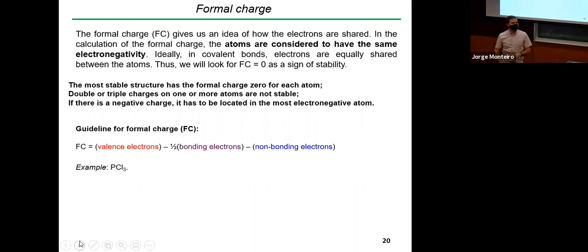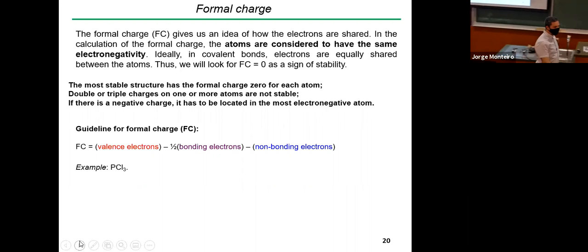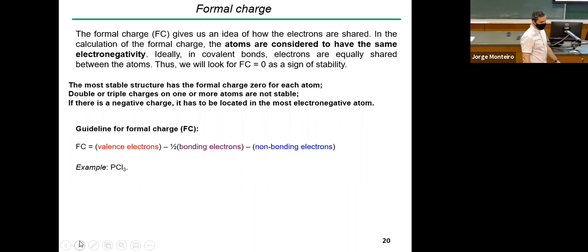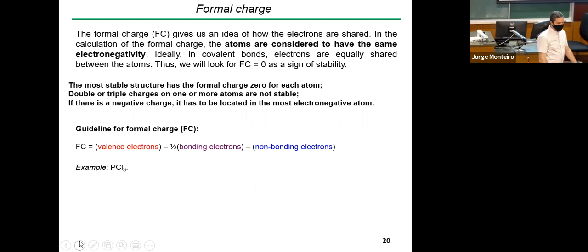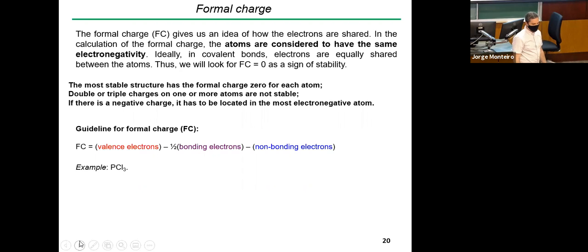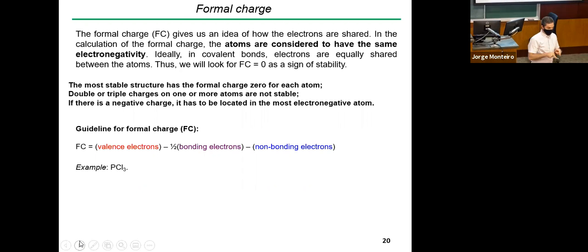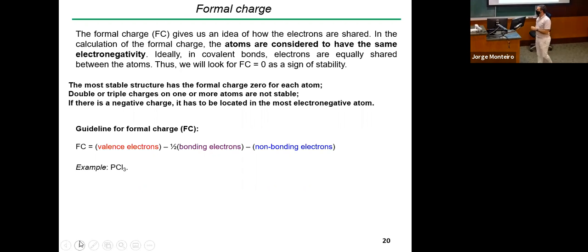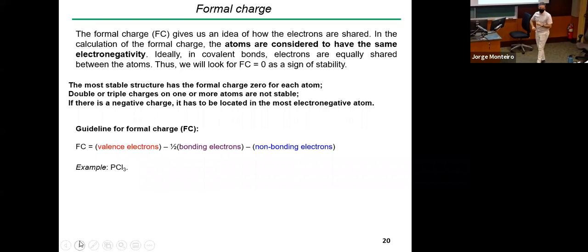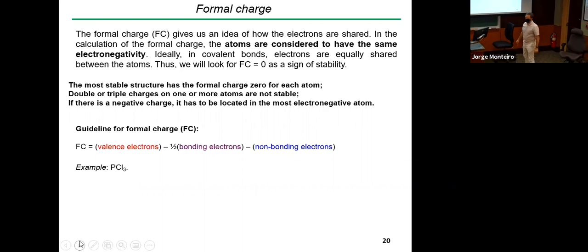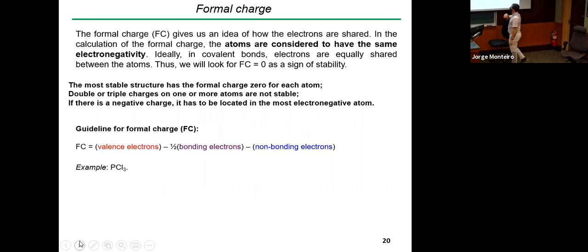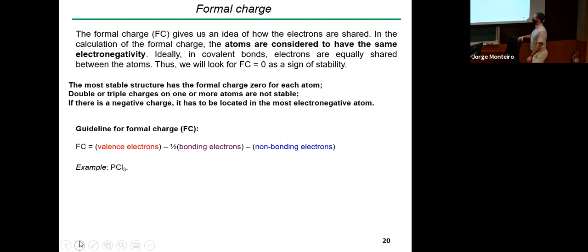Is this formal charge found for both elements, do you do it twice, or is it for the whole compound? For each element. So we have to determine it for each element. So how to calculate the formal charge? Very simple formula.